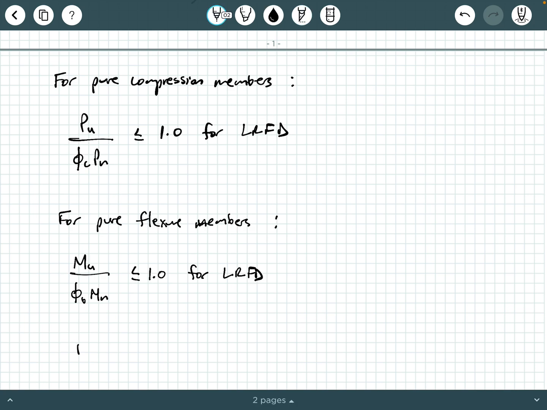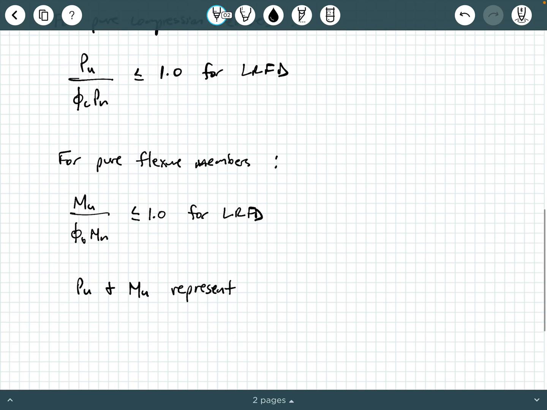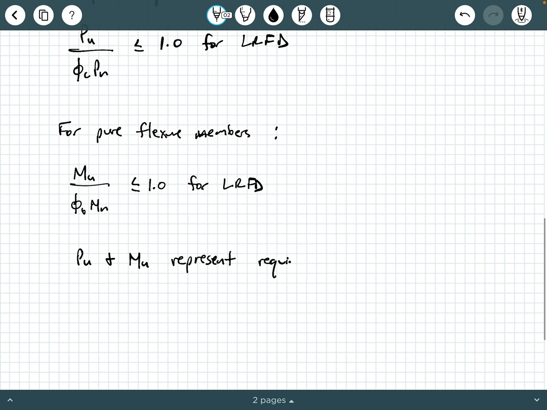Pu and Mu represent required, and in this case LRFD factored, axial and flexural strengths, respectively.